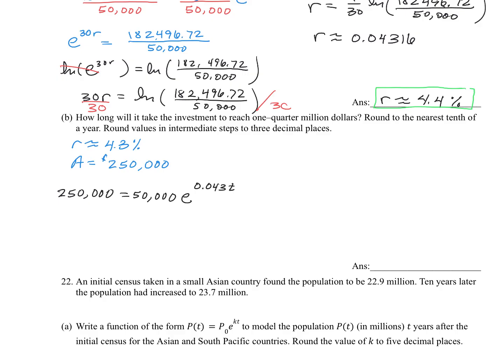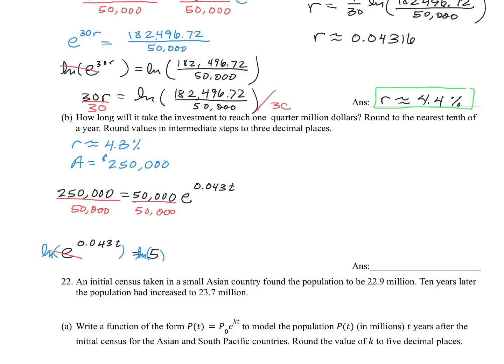Next thing to do is solve the equation by dividing by 50,000. And when I do that, I get e to the 0.043t is equal to 5. To now solve this, I'm going to take the natural log of both sides. So natural log on the left and natural log on the right.